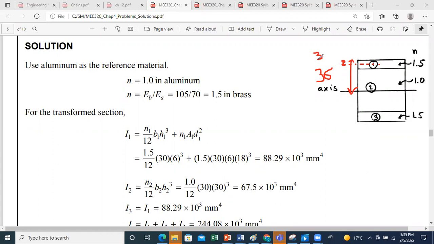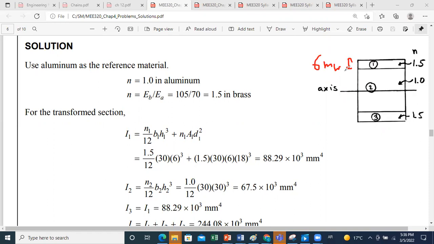So we can get the distance separating the axes. Here you have this distance is 6 millimeters.